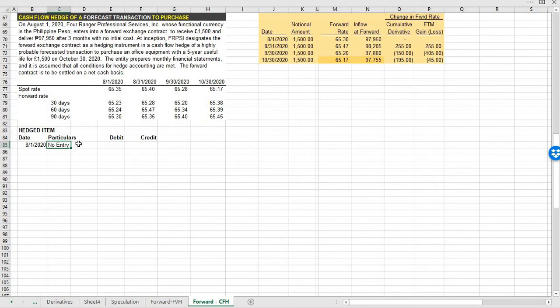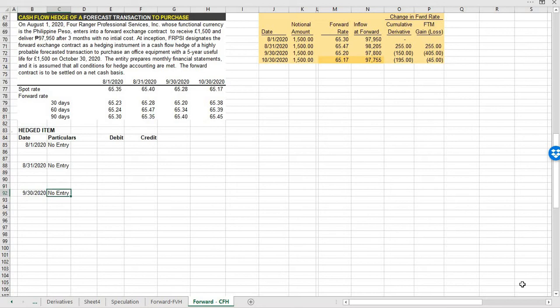Again, during the term of the forward contract, walang journal entry related to the hedged item. Ang magiging journal entry lang natin is the actual purchase on October 30, 2020. Kaya, on August 31, wala tayong entry, pati sa September 30, 2020. Wala rin tayong entry.